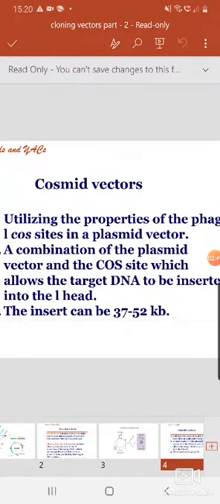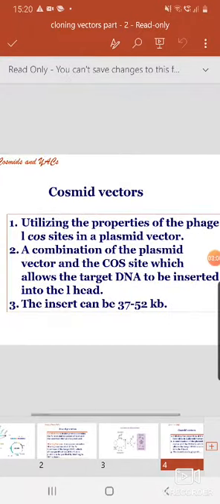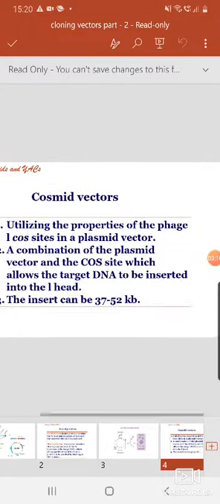Now coming to the vectors we have discussed so far: plasmid-based vectors, one is pBR322, another is the pUC18 or 19 series. All these are plasmid vectors, and the capacity was a maximum of 20 kb. Here we come to the hybrid vector, cosmid vectors, utilizing the properties of the lambda phage cos site and the plasmid vector's replication origin as well as selectable gene.